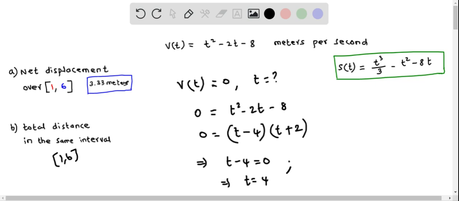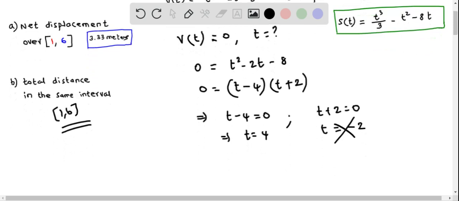This is one time, and t plus 2 equals 0 gives the value of t equals negative 2. But negative 2 does not lie in this interval, so we can ignore this time. So now we understand that at the time t equal to 4 seconds, the particle changes direction.